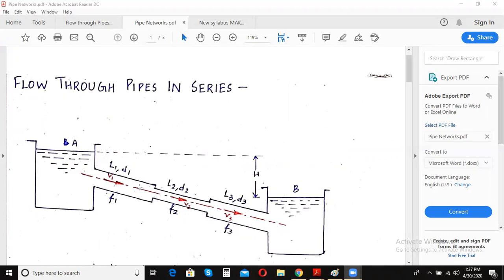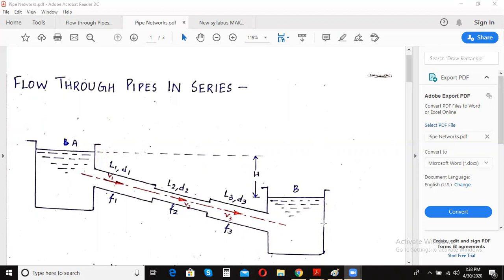The first pipe has a certain diameter, the second pipe undergoes a contraction, meaning its diameter is slightly smaller than the previous one, and then the diameter enlarges again, and the third pipe has a bigger diameter than the other two pipes.